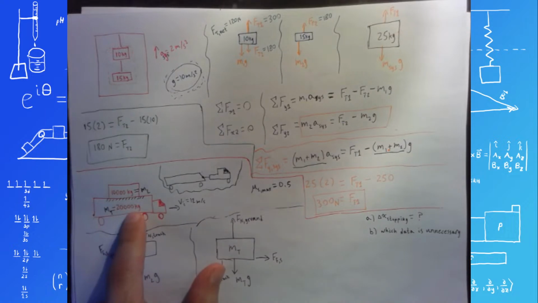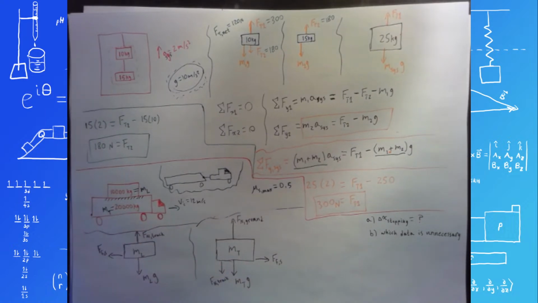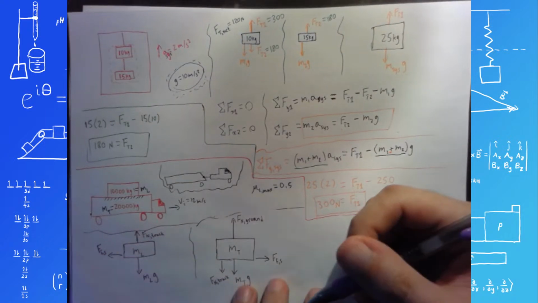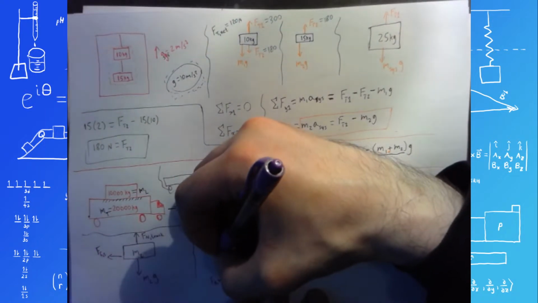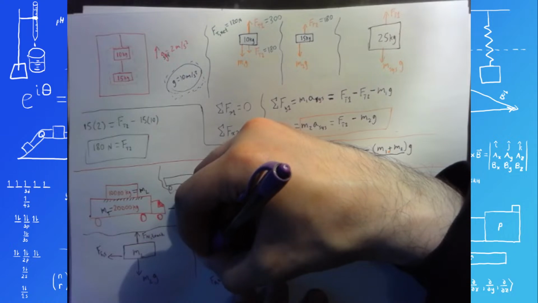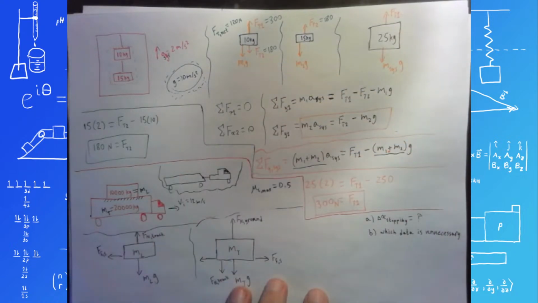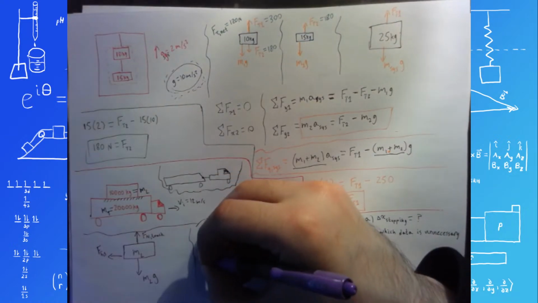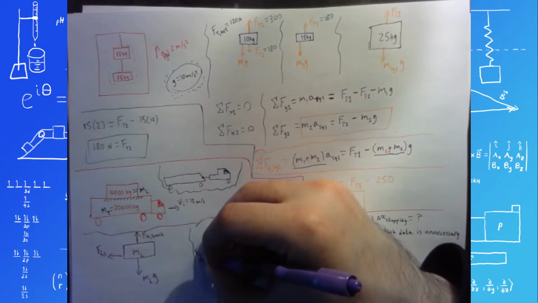This truck has to have a net force to the left in order to slow down, in order to accelerate to the left. So there's one more force. You could call it an applied force from the brakes. You could also call it the friction force from the road. I'll just call it force of friction road.